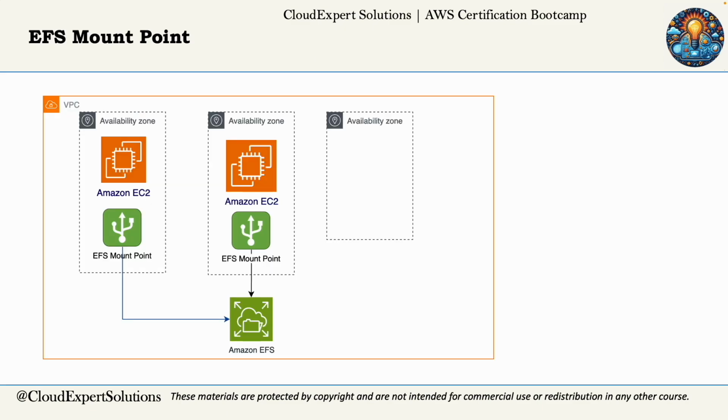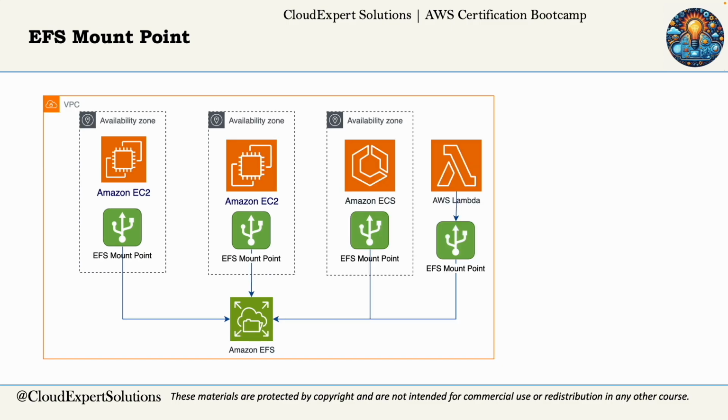You can access your Elastic file system from multiple EC2 instances spread across availability zones. Multiple compute instances like EC2, ECS, Lambda, which are running in multiple availability zones but within a VPC in an AWS region, can also connect to the same EFS. Now within the region, you can connect with multiple VPCs via VPC peering.